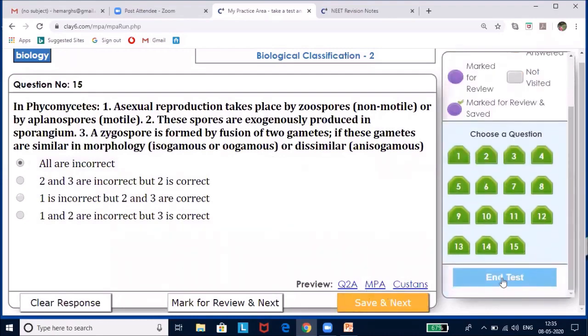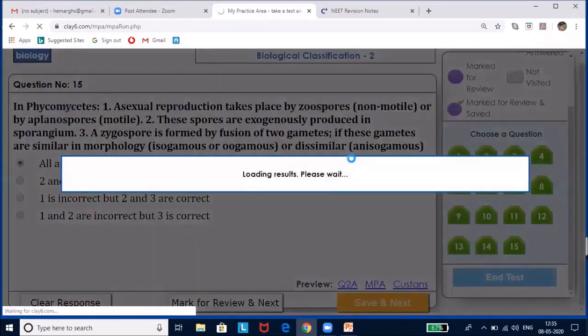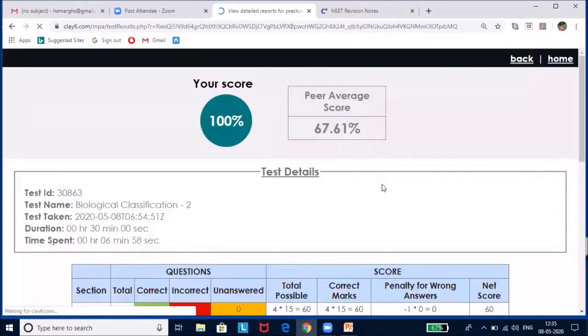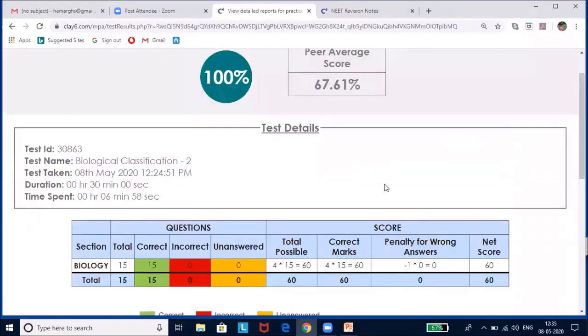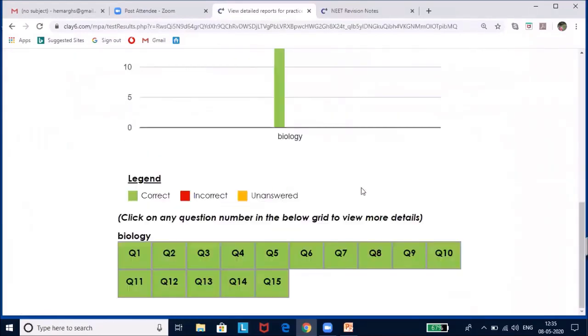Okay, now I'm going to end the test. Okay, so here it shows that the legend says that all the answers are correct, and so I'm getting a full mark.